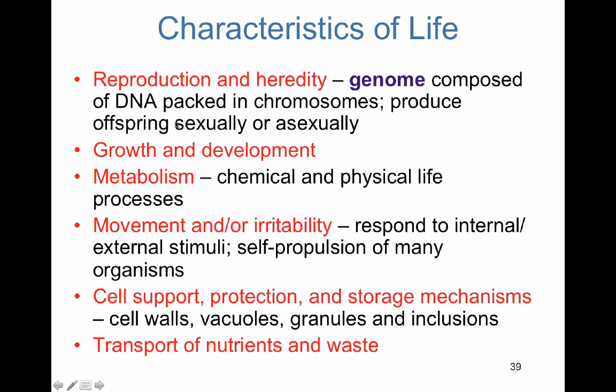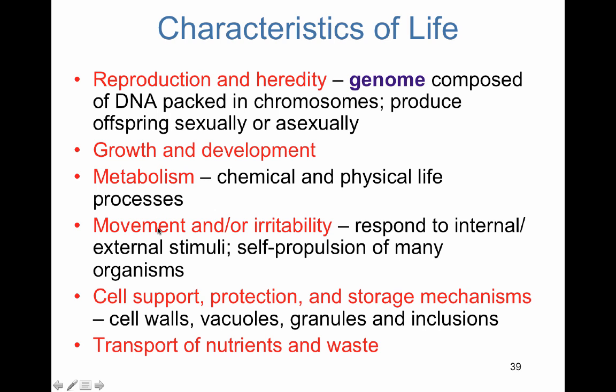And depending upon the cell type, it can be produced sexually or asexually. They also, all prokaryotes and eukaryotes, have the ability to absorb and utilize nutrients from the environment to grow and develop, to form a new cell over the course of cell division, or also to grow in size.